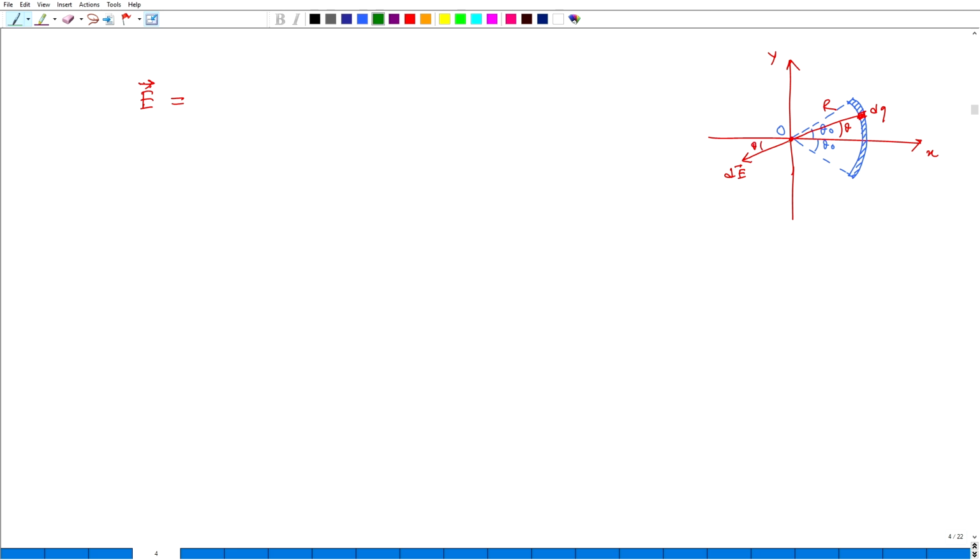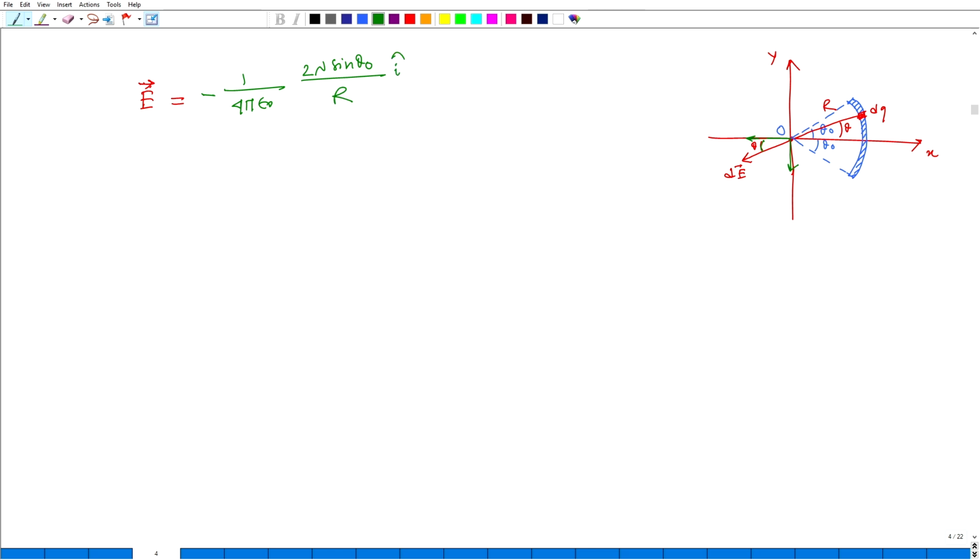They have two components, projecting onto the x and the y axis. Finally we got the electric field E equals 1 over 4 pi epsilon naught, 2 lambda sin theta naught over r times i cap.